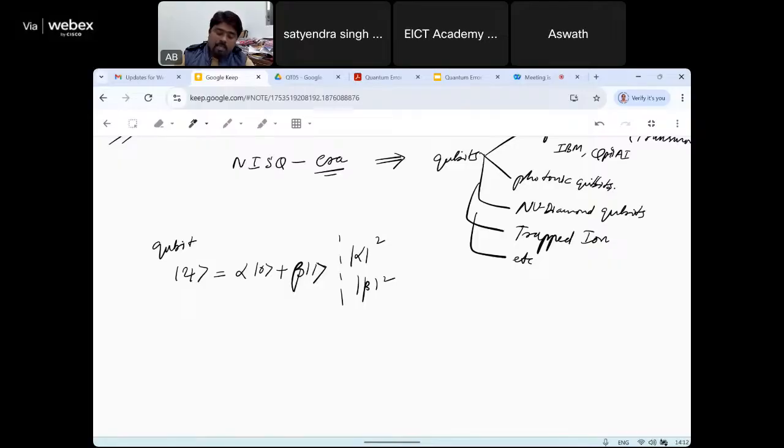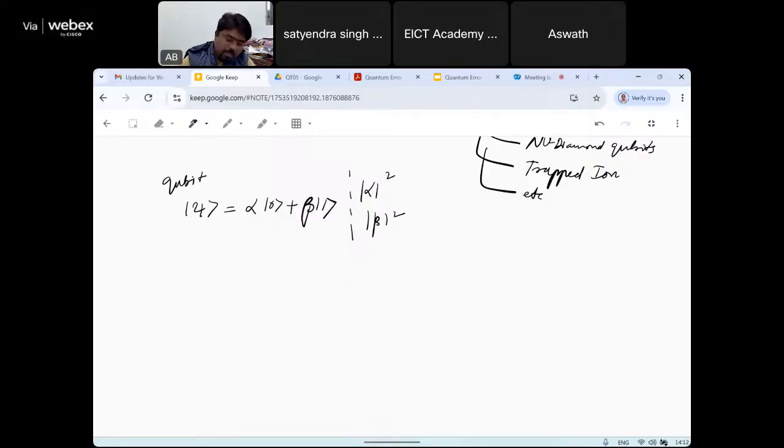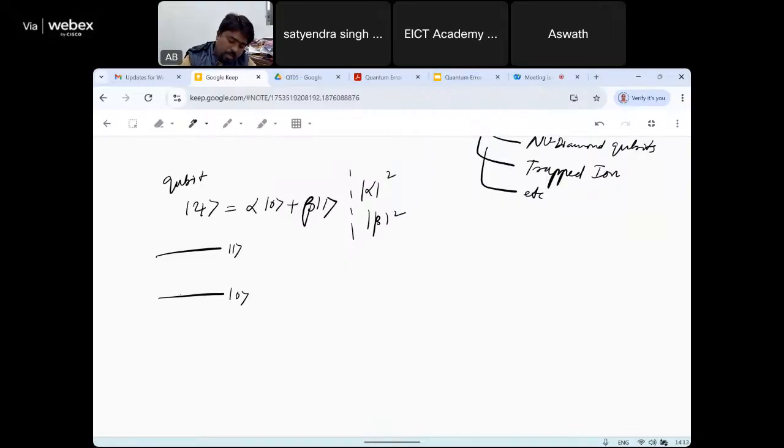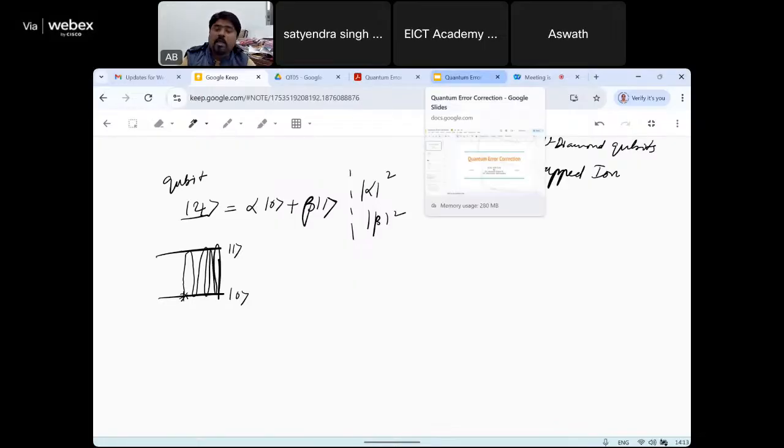In reality, let's say I realize a naturally occurring atom. There is a ground state and an excited state. If you realize a qubit using an electron, initially in the ground state, and you put it in a superposition state like above, the electron should go up and come down, go up and come down. So it should be doing Rabi oscillations between ground and excited.